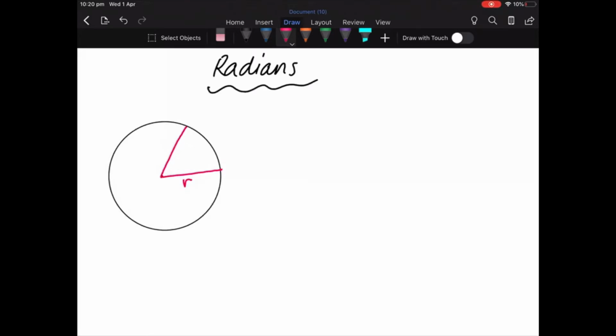That's the length R. Now, to work out angle theta, theta is equal to 1 radian when the arc that subtends this angle is equal to R. So when the distance between the two arms of that angle is equal to the radius, then the angle is 1 radian.